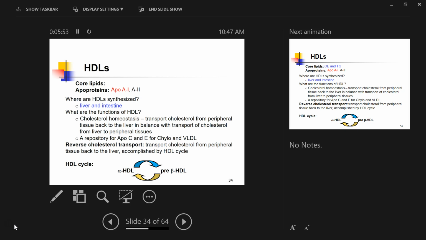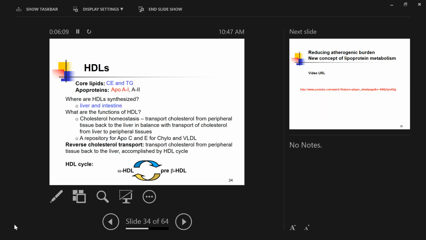So for HDL core lipids, what types of lipids do you expect? Cholesterol, right? Cholesterol esters, and also some triglycerides.